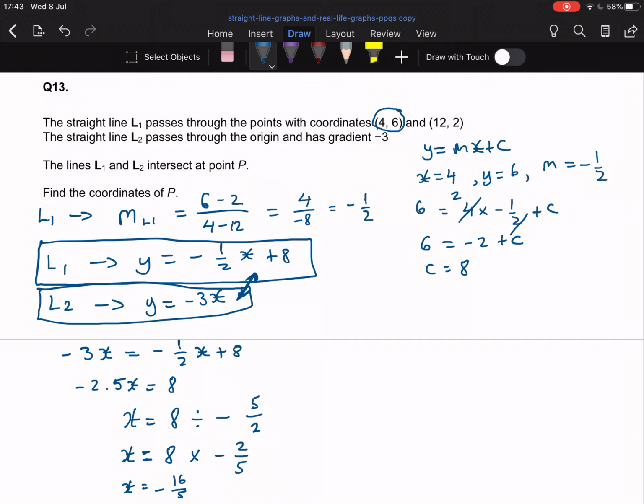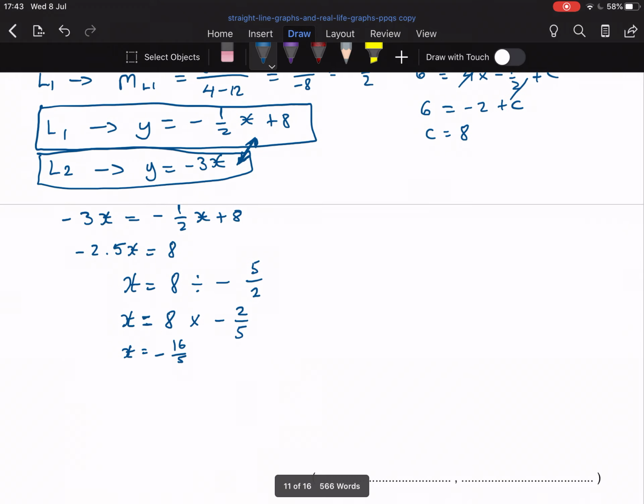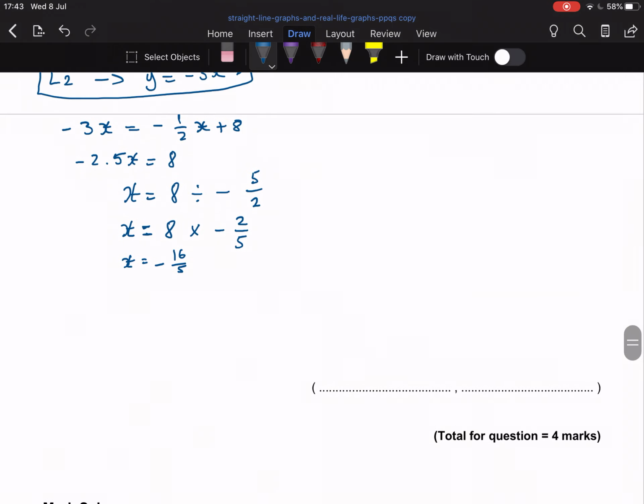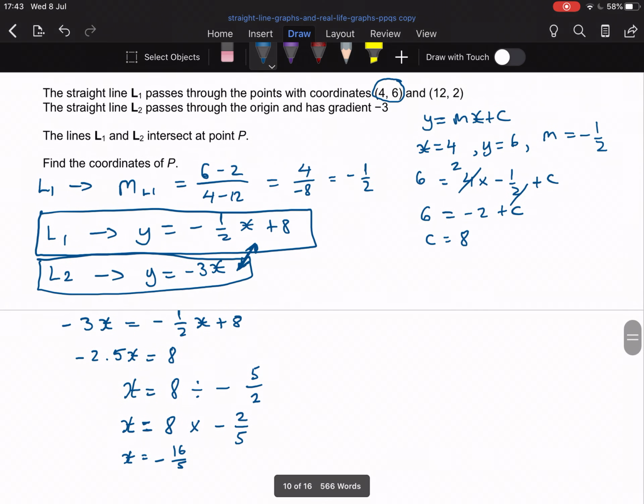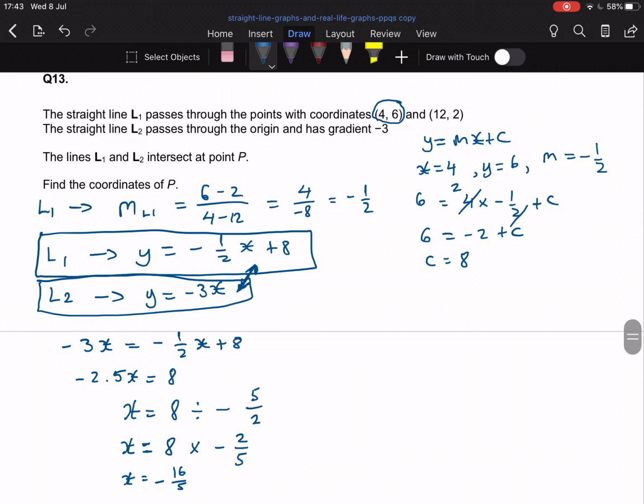So we're not done yet because we need to work out the y. Your answer is a coordinate, which we have to give in terms of x and y. So let's do y now. I now know x is equal to -16/5, and I'm choosing the second equation, the equation for line 2.